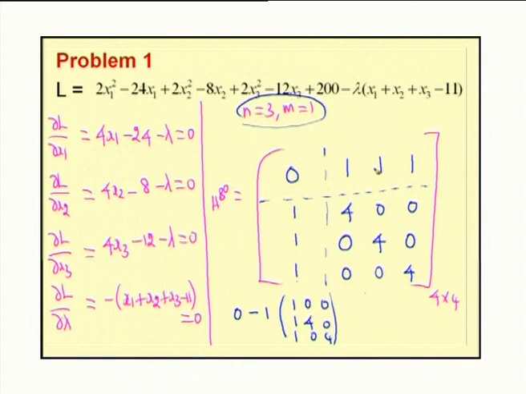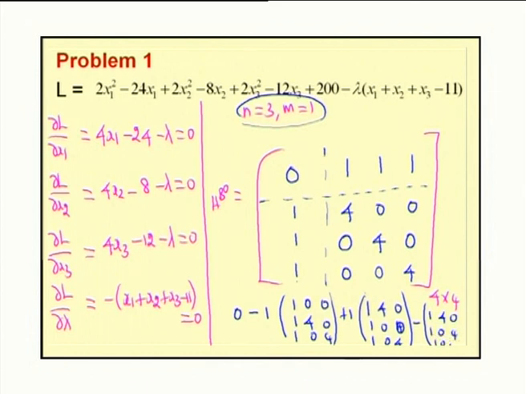The next entry is plus 1 into, by omitting the corresponding row and column, the remaining matrix 1 4 0, 1 0 4 and 1 0 0 and 1 0 4. And for this one, the minor is, by omitting this row and column, 1 4 0, 1 0 4 and 1 0 0.